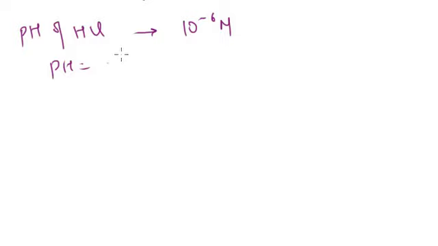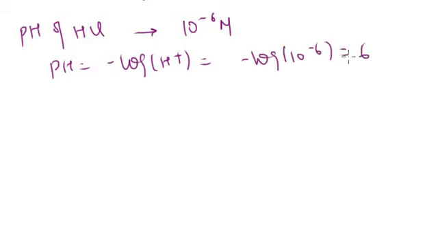So if you are given the pH of HCl, say 10 raised to the power minus 6 molar HCl, you may figure out pH as negative log of H plus, that is negative log of 10 raised to the power minus 6, that is 6, right?